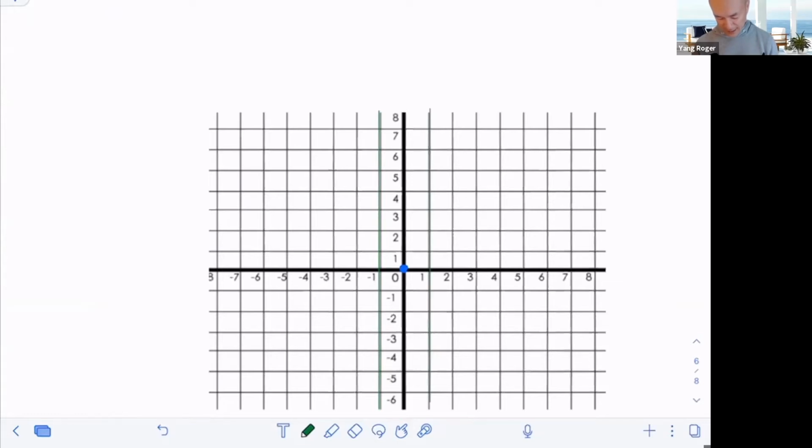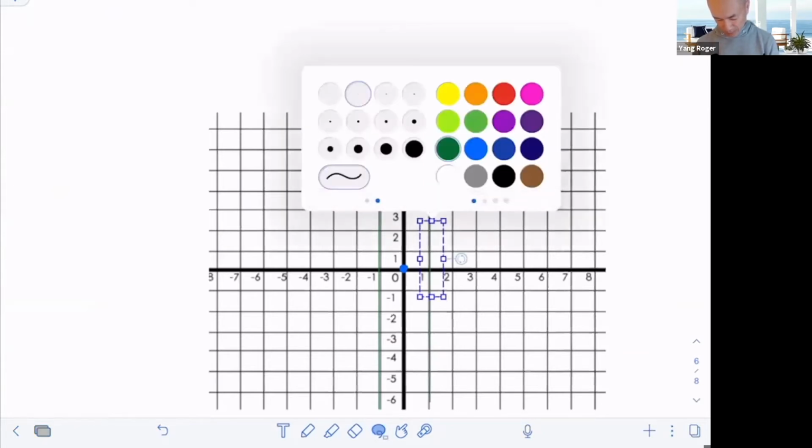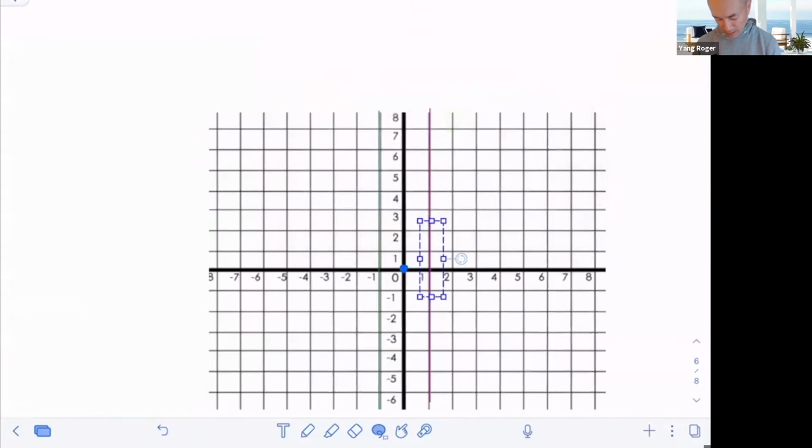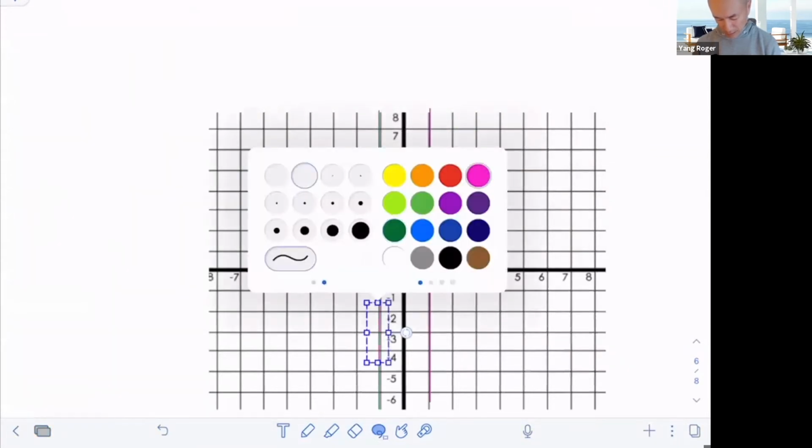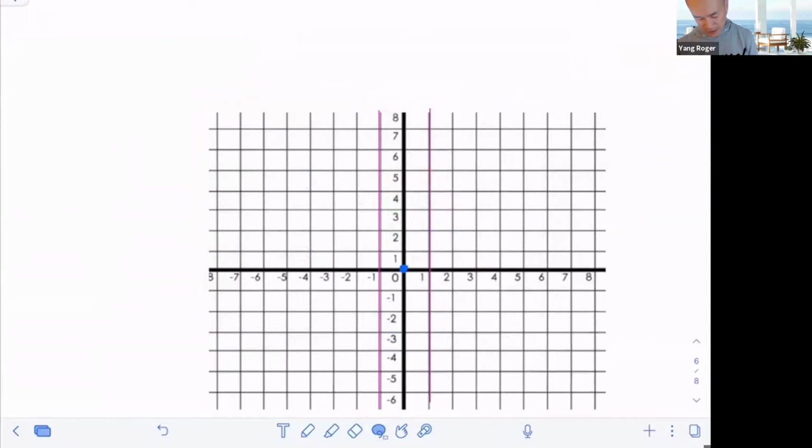Can you see that? It's hard to see. Purple, pink... fuchsia, whatever color that is, that looks better.